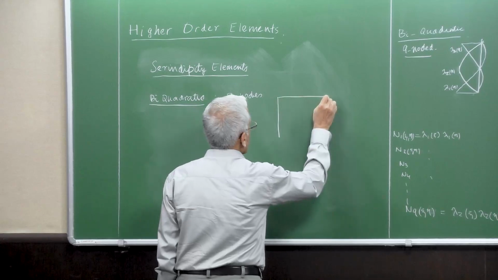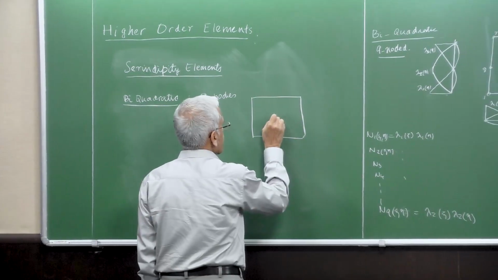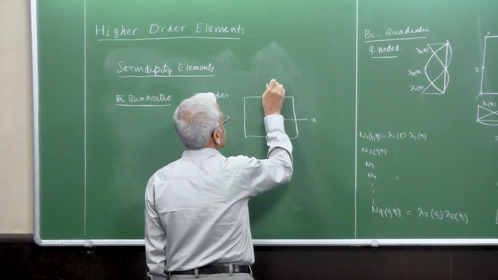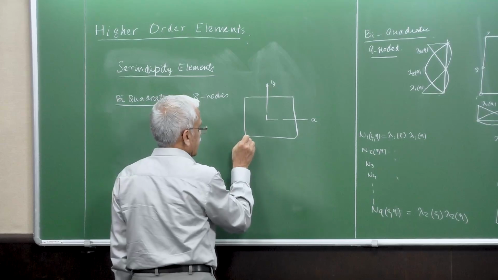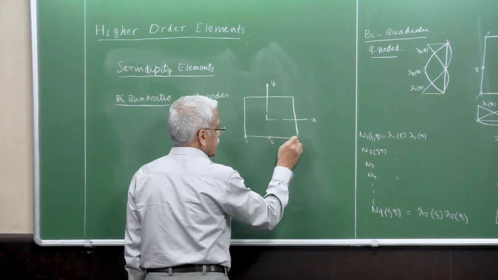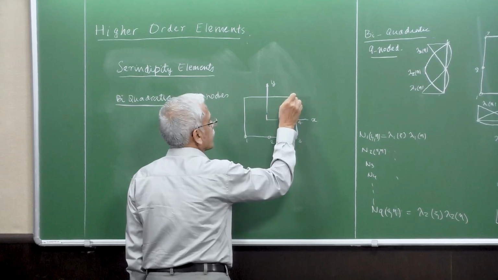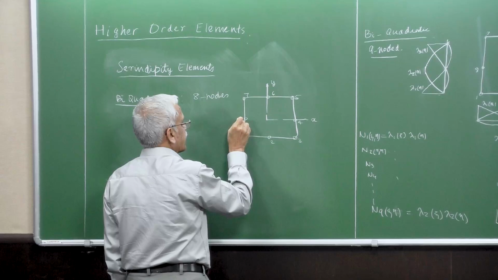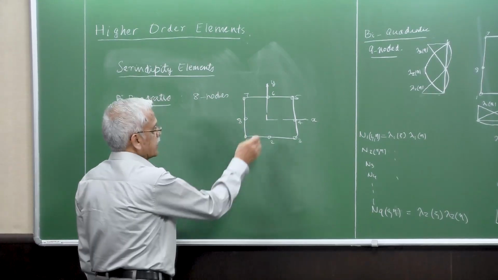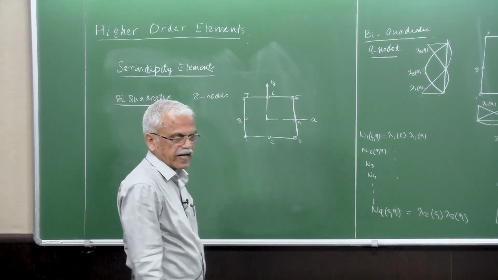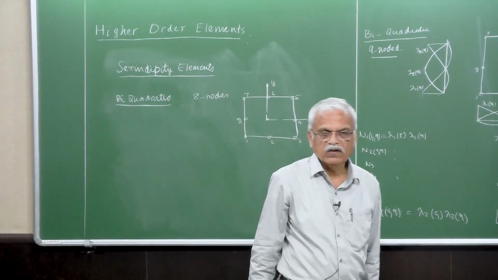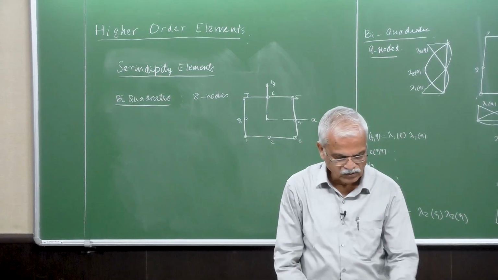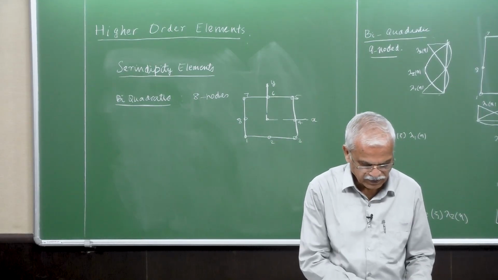Here it has 8 nodes like this: 1, 2, 3, 4, 5, 6, 7, and 8. The Lagrangian element has a node in the center also, while this has only 8 nodes.